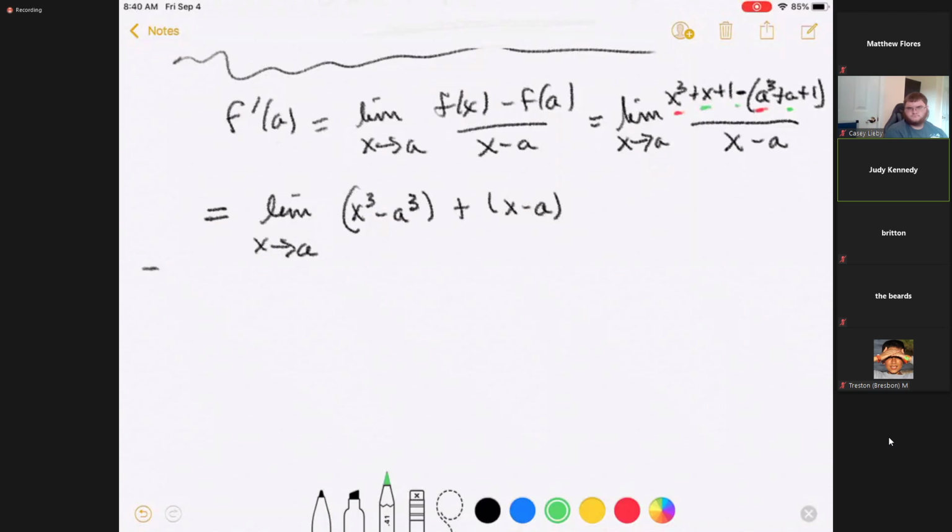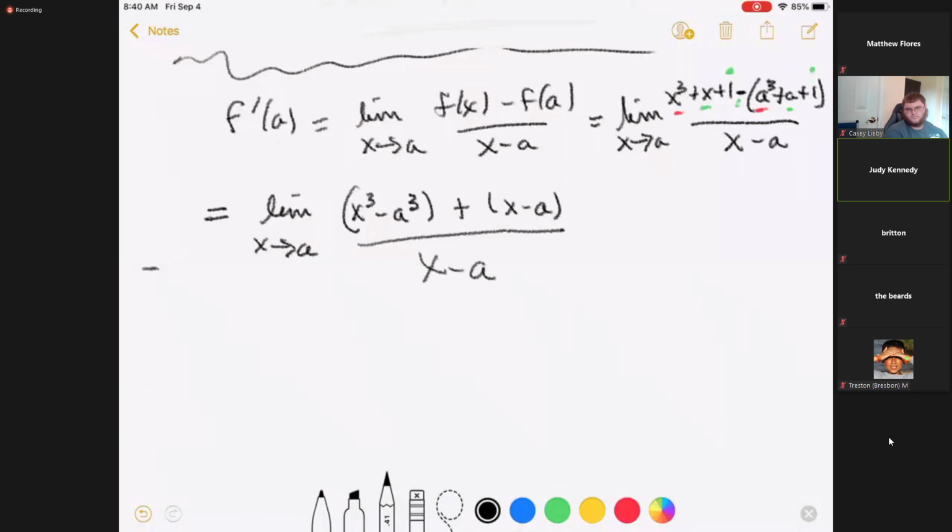And we've also got 1, and that's really minus 1 because of that minus. So the numerator simplifies to x cubed minus a cubed plus x minus a, all over x minus a.